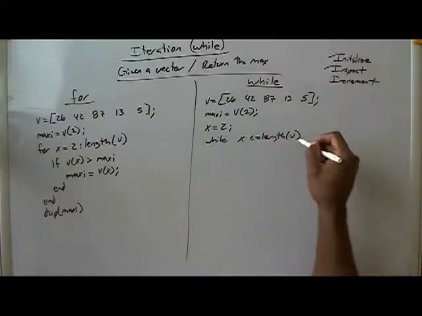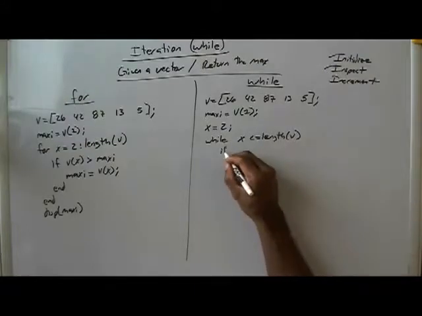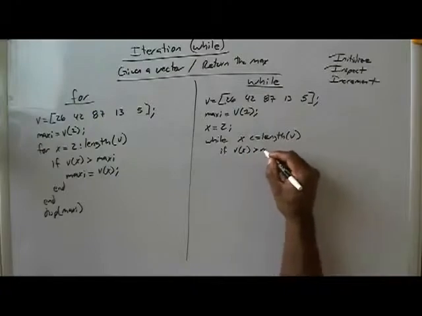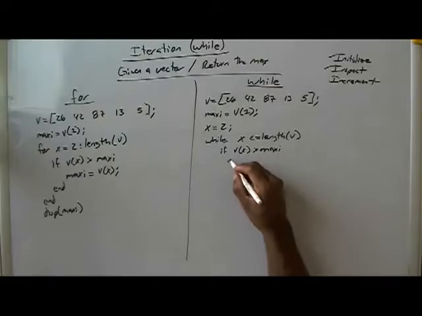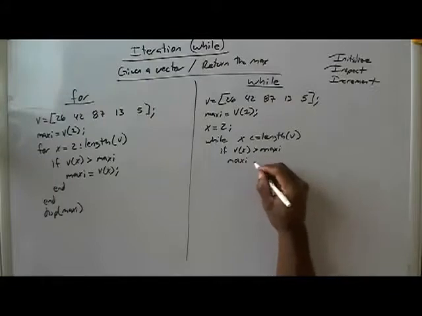And this is our inspection stage, and so we say if v of x is greater than maxi, we'll do our work part of the while code block.